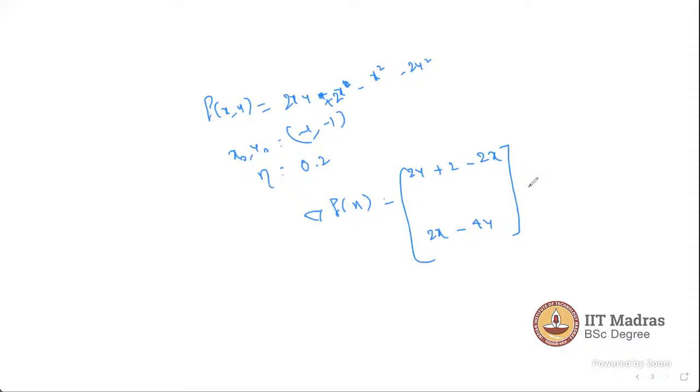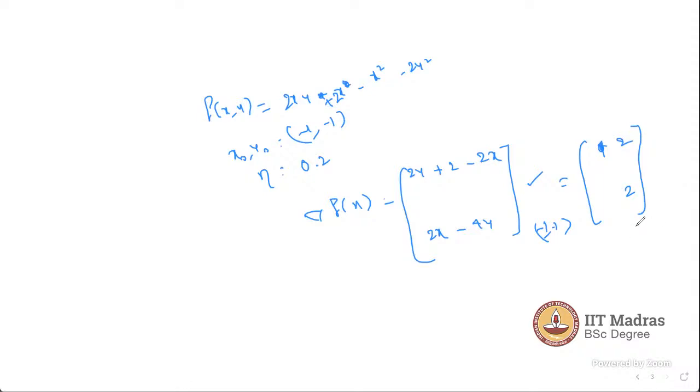We need to substitute at minus 1, minus 1. So minus 2 plus 2 gets cancelled out, and this is 2. Then 2x minus 4y gives again 2.